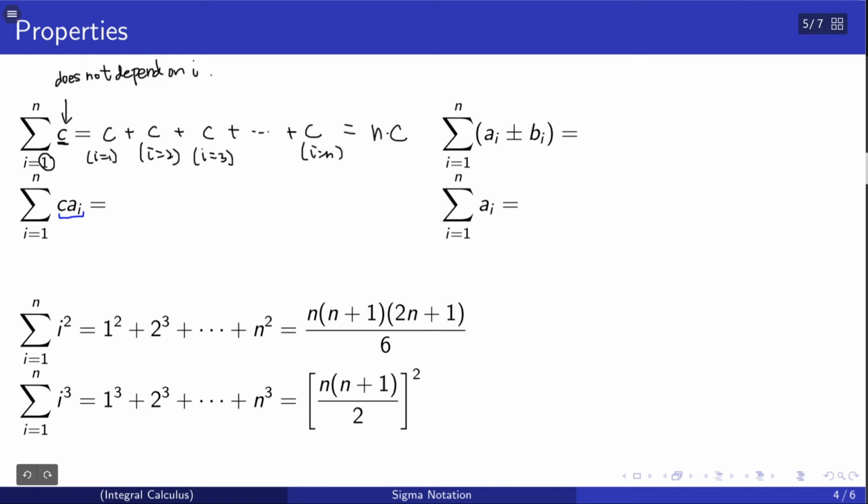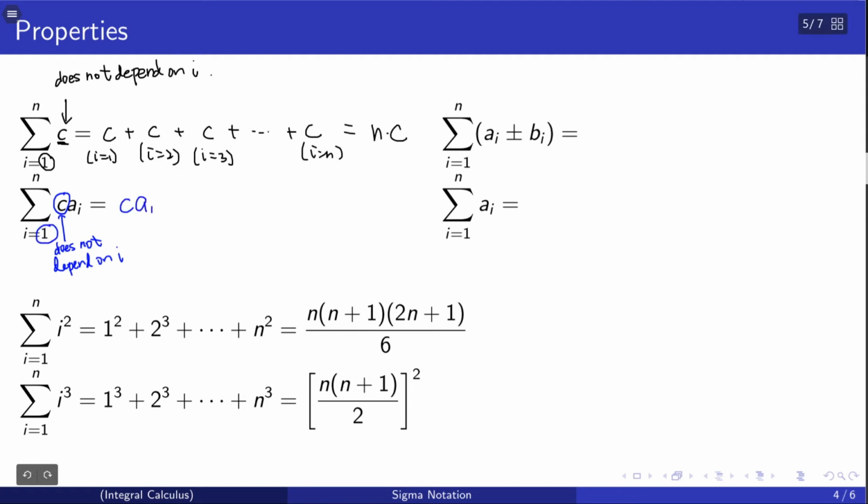And in fact, we can extend this to the next property here, which is, what if there was a factor, and let me just encircle the C here, what if there was a factor C that does not depend on I inside the term here, inside the summation? Then what will happen here is, again, the same thing. Let's take 1, plug it in.